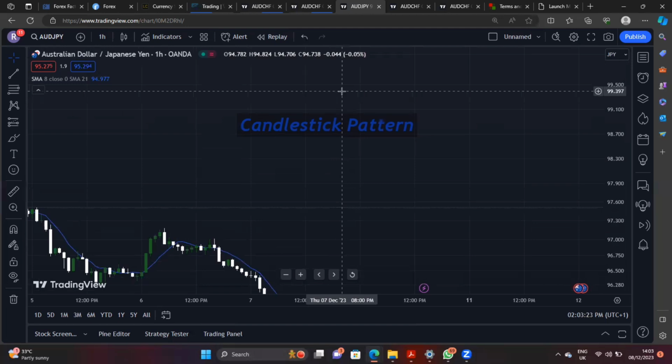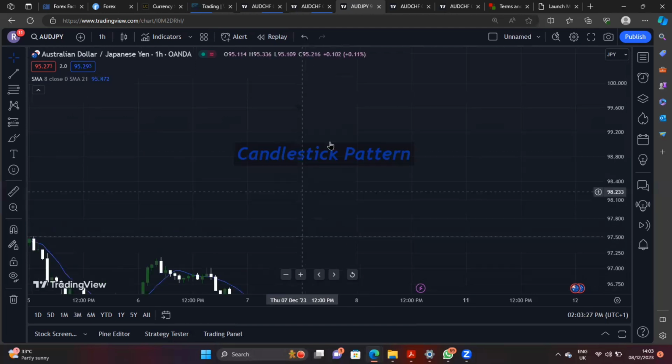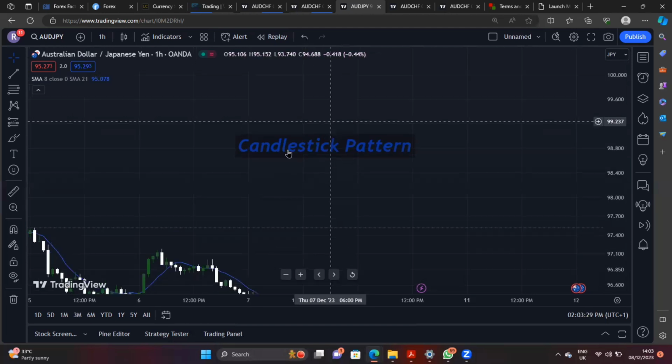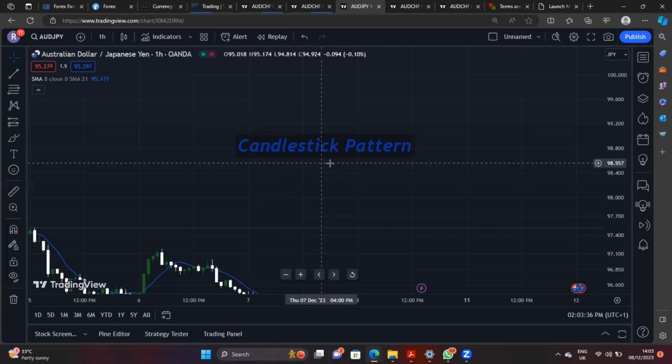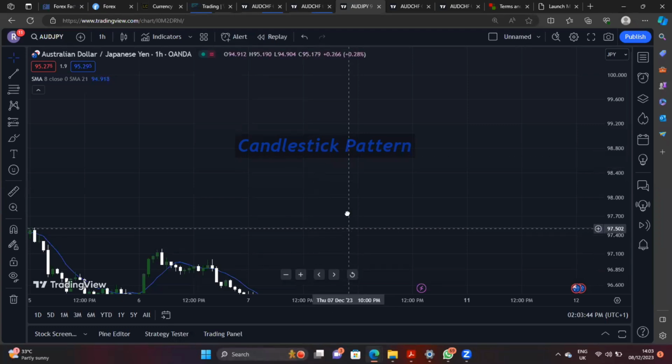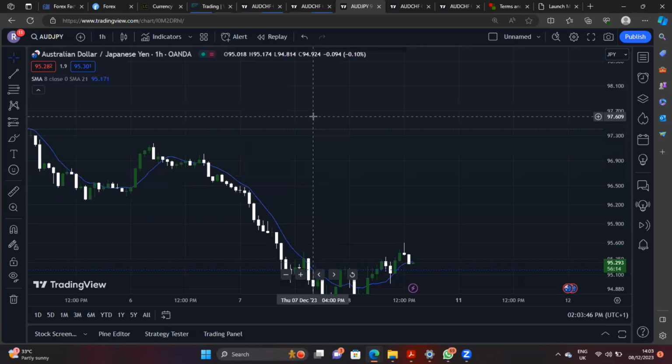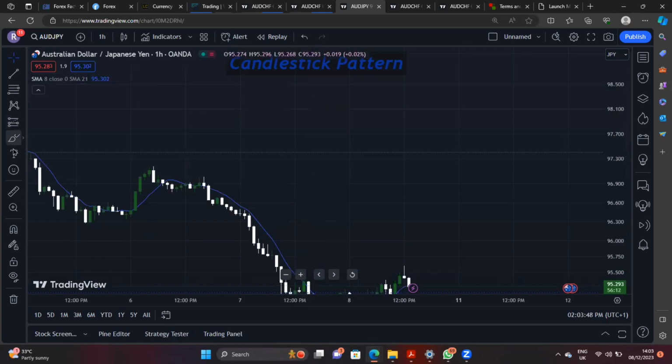So quickly in this section, we'll look at a different kind of candlestick pattern. The topic of discussion is candlestick patterns. We will go further with the next candlestick pattern we would like to introduce.